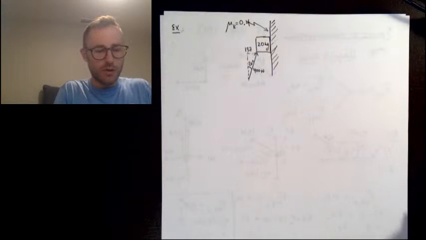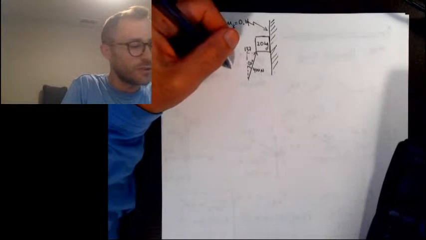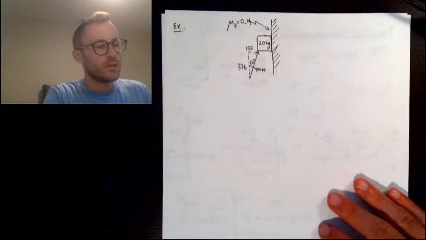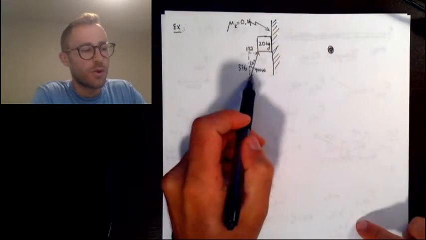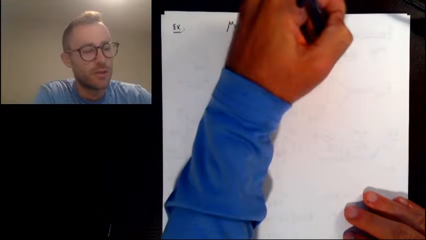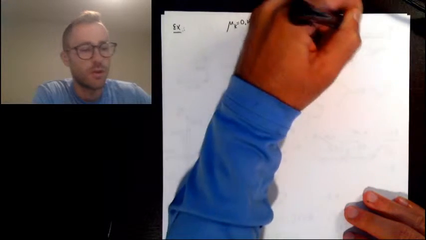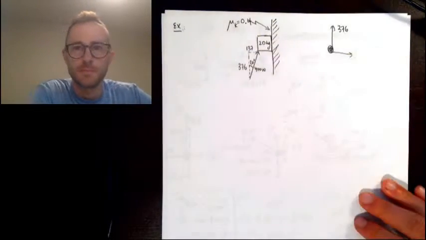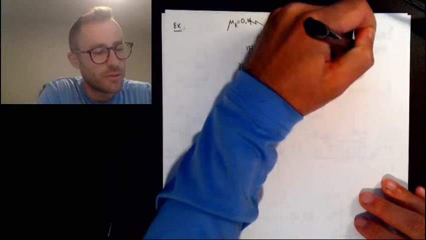And 400 cosine of 20 is 376 newtons. Okay? So, when I draw my free body diagram, this 400 Newton force is equivalent to 376 newtons going upward and 137 newtons going to the right.